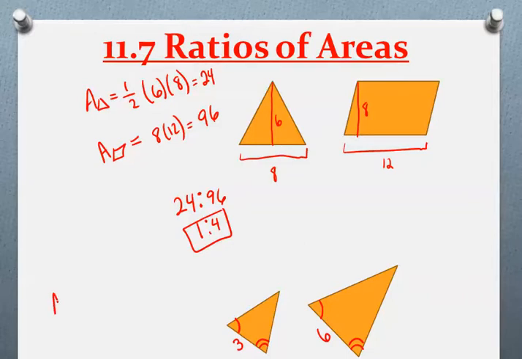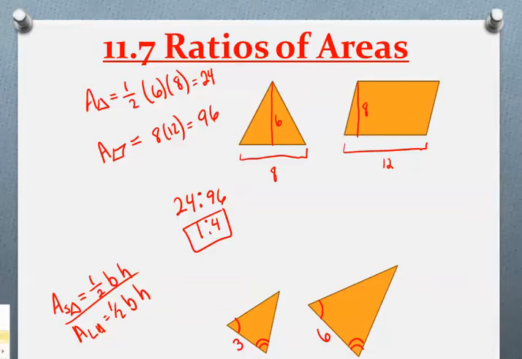For the smaller triangle, we'd again do half times base times height. And then the ratio would be over the larger triangle, which would be half times its base times its height.